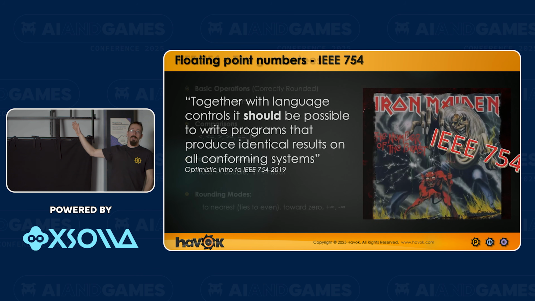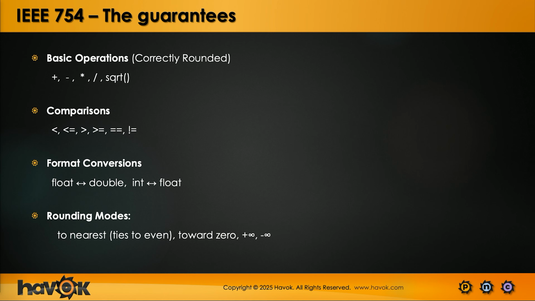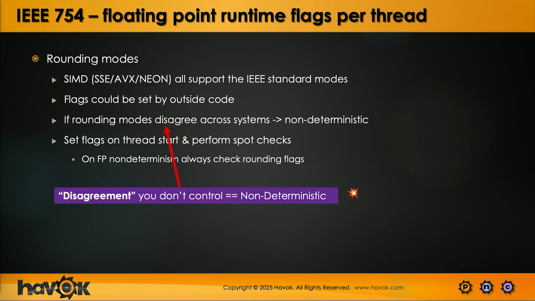So what's in the standard? The standard defines, we saw our binary formats, the main ones, float and double, so binary32 and binary64. But it also gives us basic operations, comparisons, float conversions, and rounding modes. And if rounding disagrees, we saw that's not good. There's a flag in your processor at runtime which can decide which way to round.